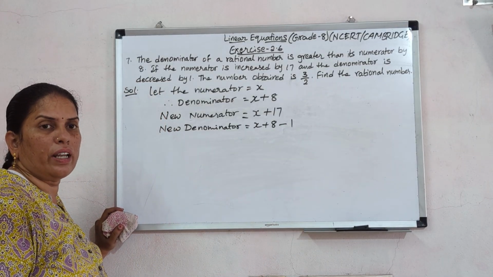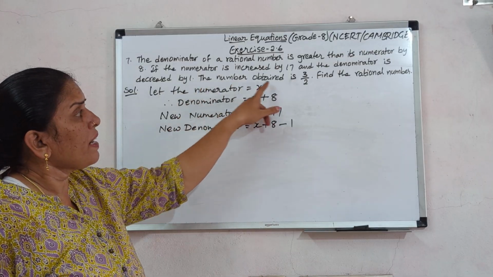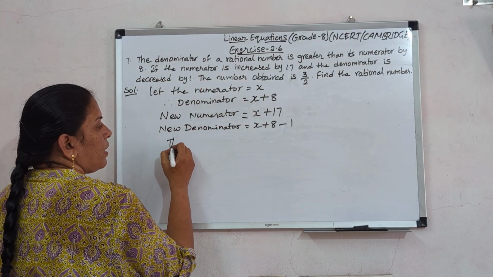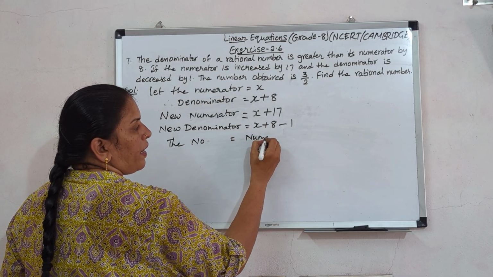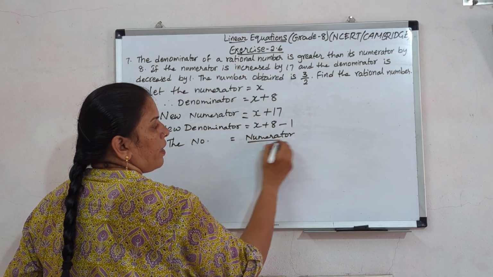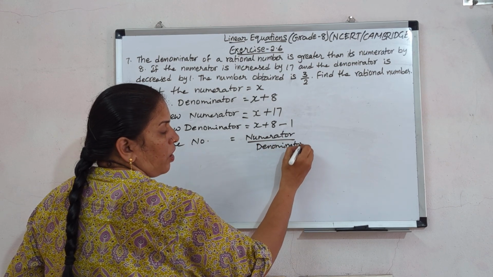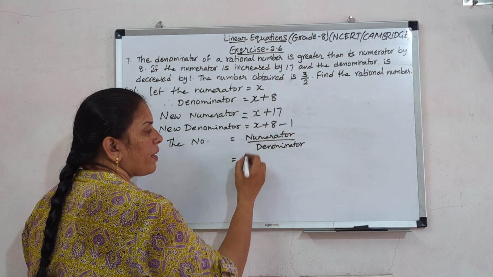Decreasing means subtraction, increasing means addition. Understood, ma? Okay. The number obtained is the number. The number is equal to numerator by denominator. Like that only, no, ma? Number will come. How does the number come? Numerator by denominator only. What is the numerator?